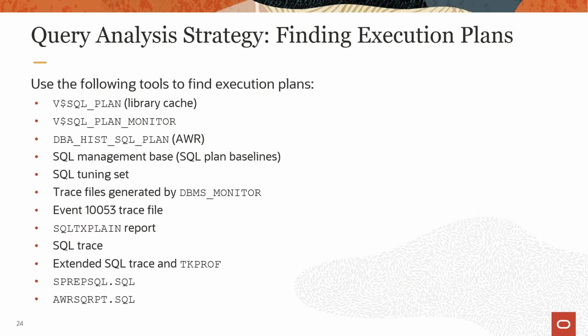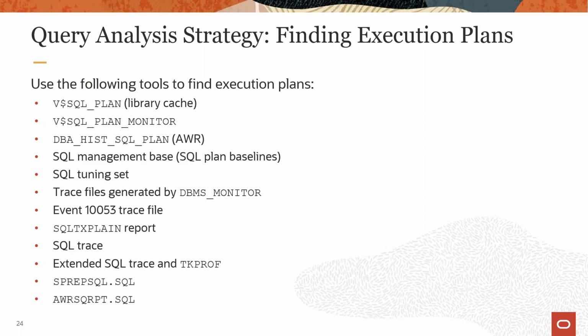Now, where can you find those execution plans? Well, you have several tools. You can look up the execution plans that have been captured and placed inside the shared pool by accessing them via the views V$SQL_PLAN. You can also look into execution plans that have been captured in AWR reports. You can generate an event 10053 trace file, where you can also look into the ultimate execution plan being chosen.